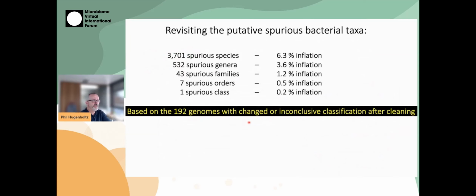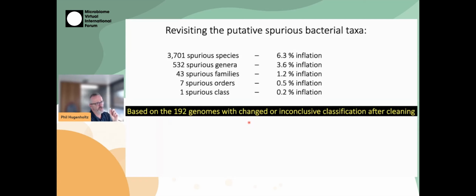So now revisiting the original putative spurious bacterial taxa. You probably didn't add up the numbers, but there are 192 genomes with changed or inconclusive classification after cleaning.